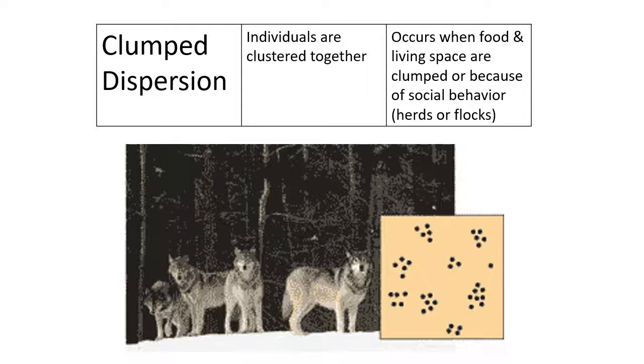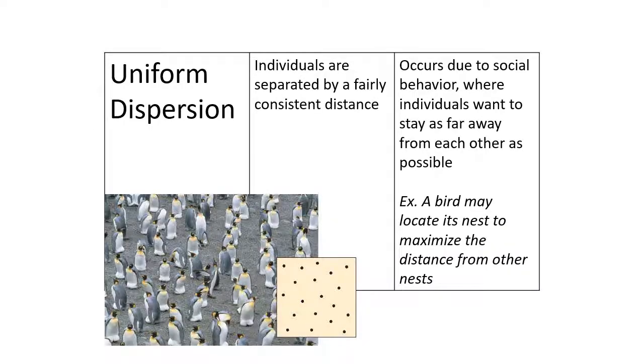Clump dispersion is where individuals are clustered together. This occurs when food and living spaces are clumped or because of social behavior, such as herds or flocks. A uniform dispersion is where individuals are separated by a fairly consistent distance.